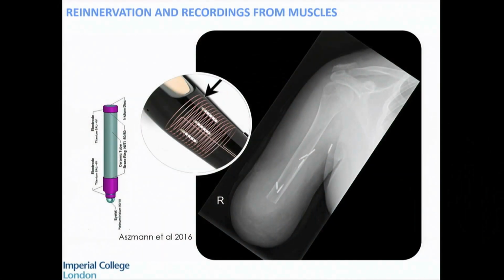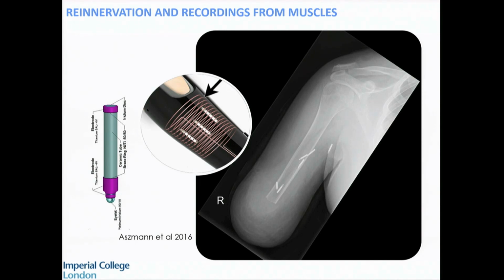So how do we pick these signals? Once we have redirected nerves and we can use muscles as bioscreens, well, here is an example of an amputation at the humeral level, and these are other patients in which this nerve redirection procedure has been implemented.